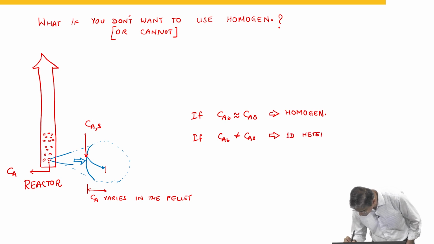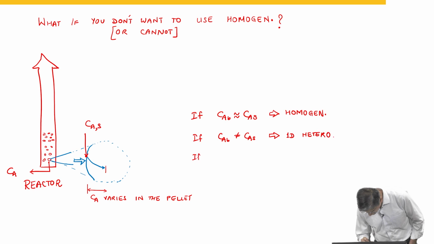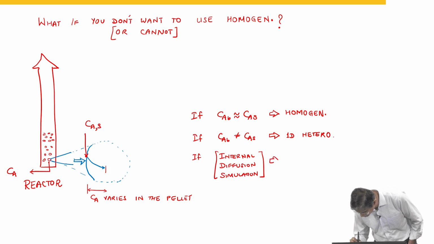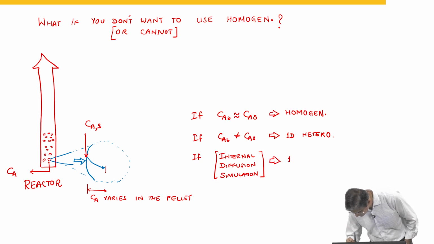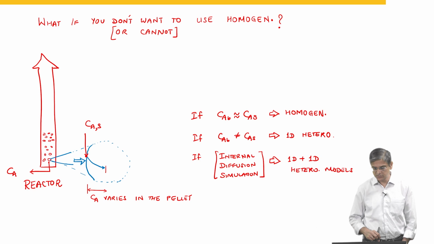You will get 1D heterogeneous models. If you have to include simulations of internal diffusion also, then you get 1D plus 1D heterogeneous models.